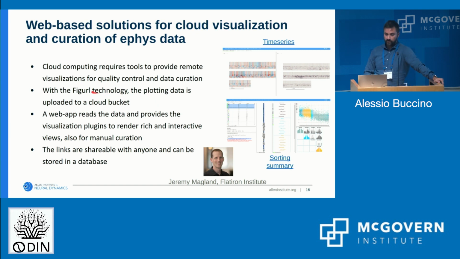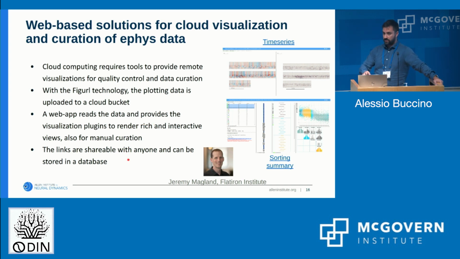We're using this Figurl technology, which basically uploads the plotting data to the cloud, and then it makes a shareable link, and a web application can read the data and render the plotting data with appropriate visualization plugins. And we're using these for quality control and manual curation.